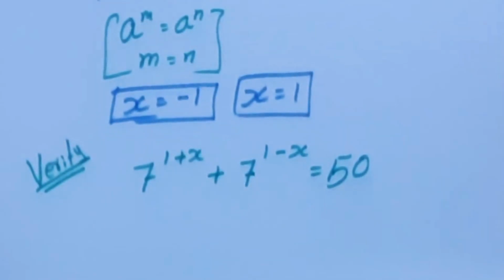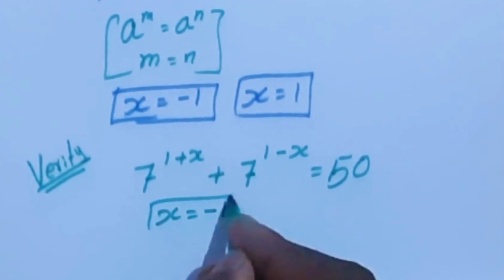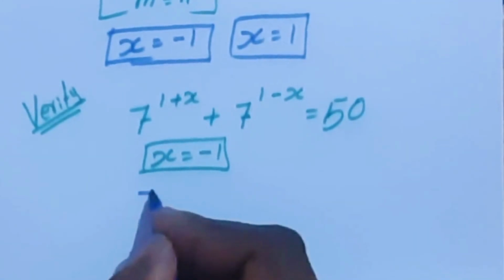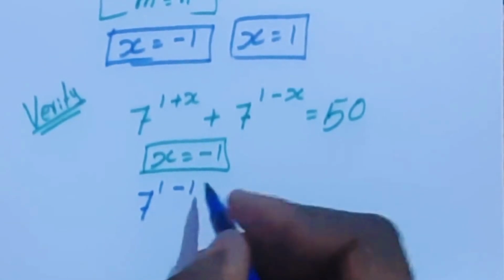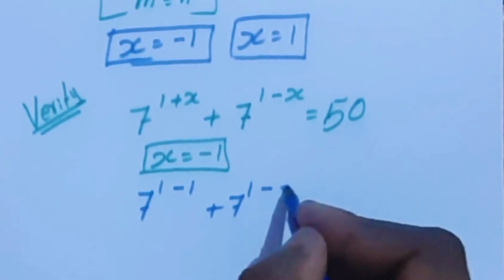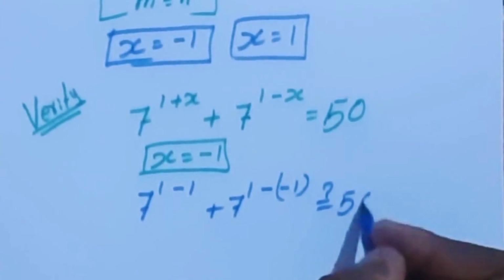Now, applying this x equal to minus 1 now. So, we'll get 7 power 1 minus 1 plus 7 power 1 plus 1 equal to 50.